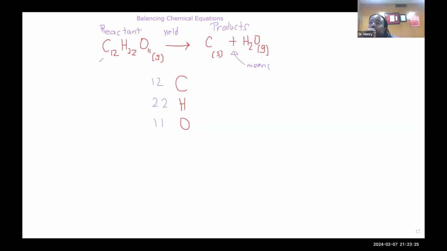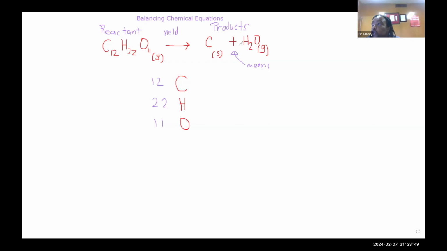So then what we're going to do is we're going to put a number, since we know the chemical formula for carbon, right? So just C is the chemical formula for carbon. H2O is the chemical formula for water. That can't change. Water is always going to be H2O. If we're talking about just carbon, C is always just going to be carbon.